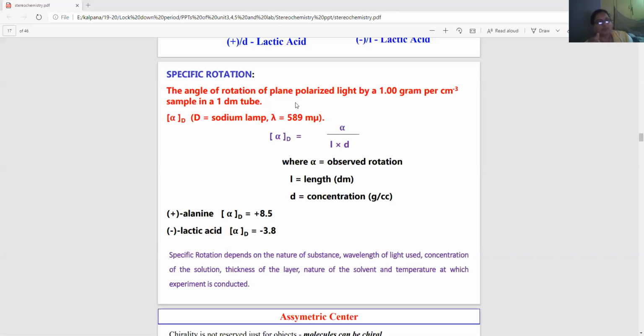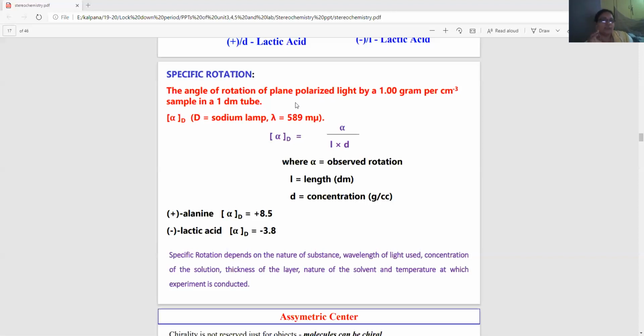Now, specific rotation depends upon the nature of the substance. It also depends upon the wavelength of the light used, because we are using a sodium lamp with a wavelength of 589, and then the concentration of the solution, thickness of the layer, nature of the solvent, and temperature at which the experiment is conducted.